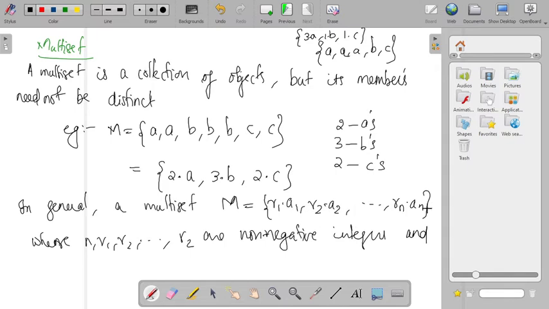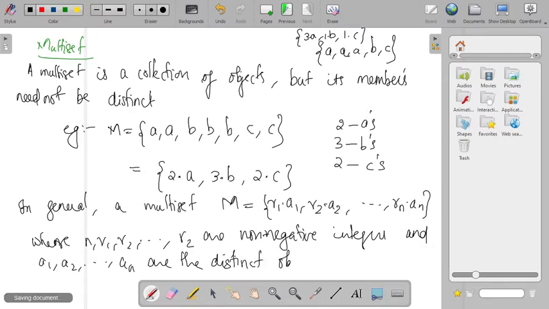A1, A2, then you have the object An, and A1, A2, etc. An are the distinct objects.